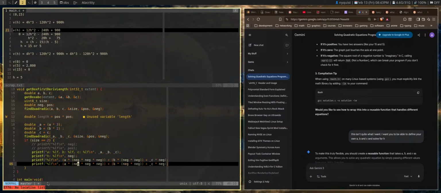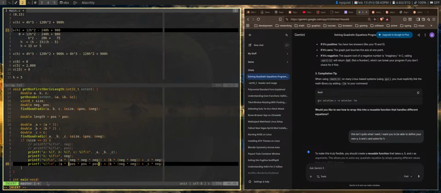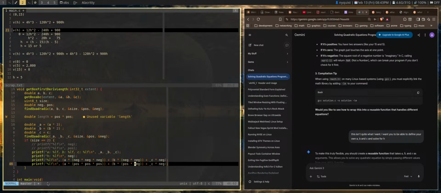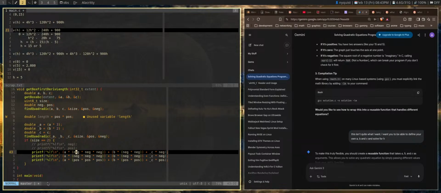So now we're going to print f for positive, which should be 0 anyways, but I don't know why I'm not just... There we go. And then we're going to solve as if it's 0. We already know the endpoint for 0 is 0, so it's kind of pointless.